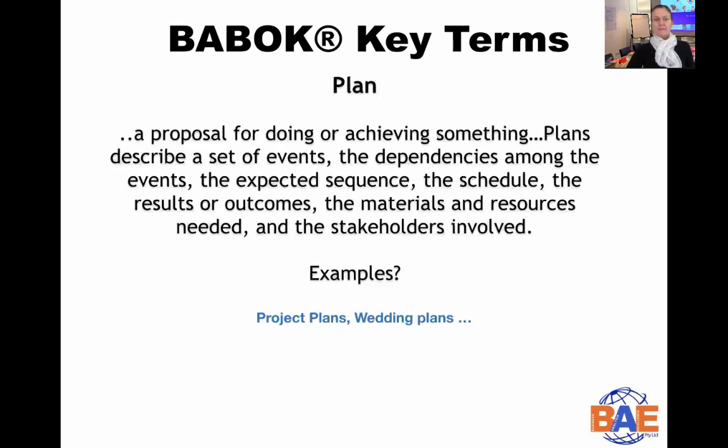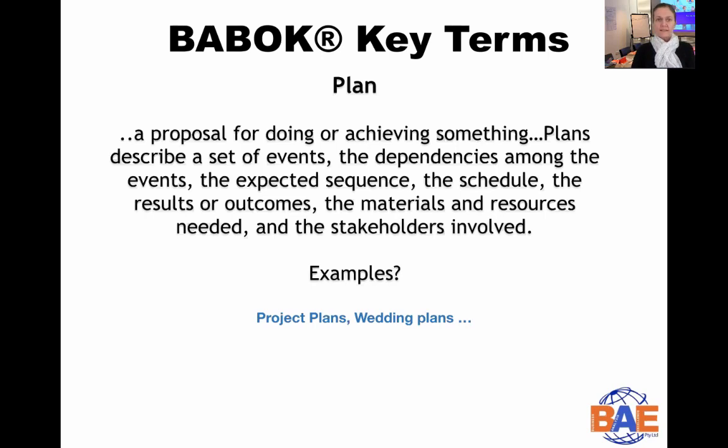And then a plan. Now this is a proposal for doing something or achieving something. So plans describe a set of events, the dependencies among the events, the expected sequence, the schedule, the results or outcomes, the materials and the resources needed, and of course the stakeholders that are involved.